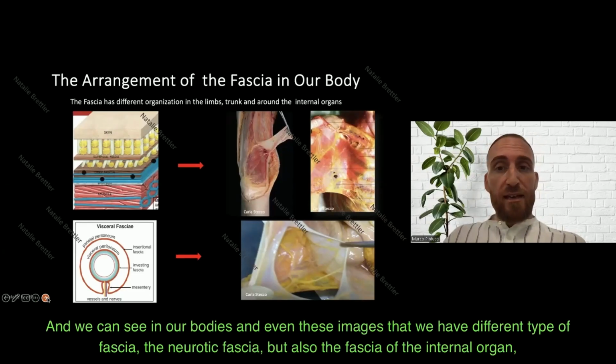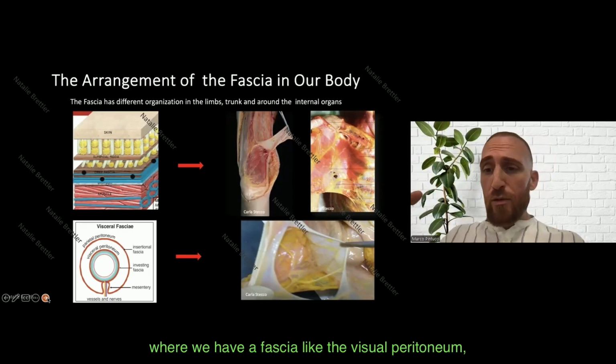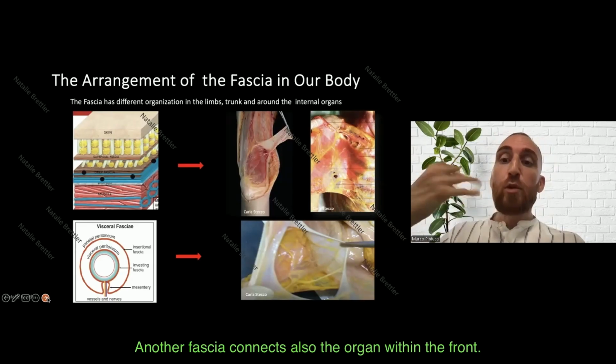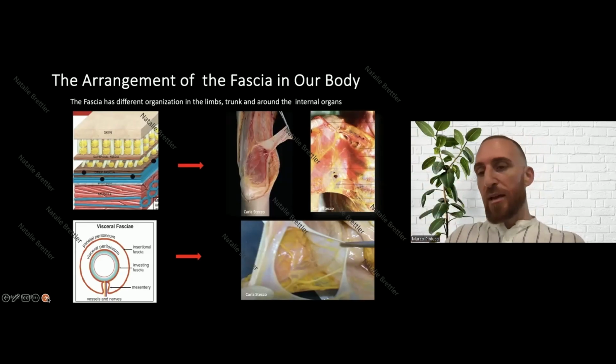And we can see in this image that we have different types of fascia. We have neural fascia, but also the fascia of the internal organs, like the visceral peritoneum, which is around the organ, and another fascia that connects the organs within the trunk, for instance, the parietal peritoneum.